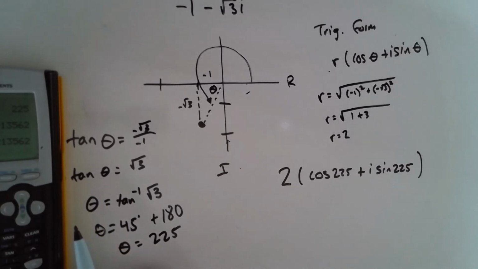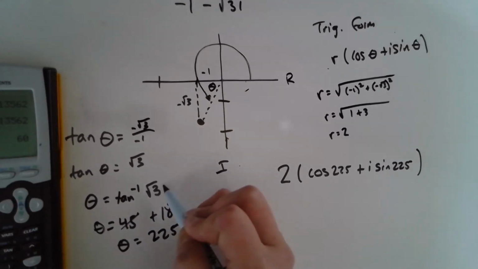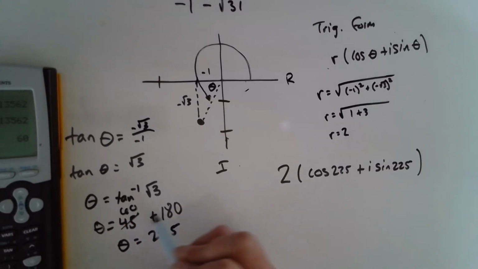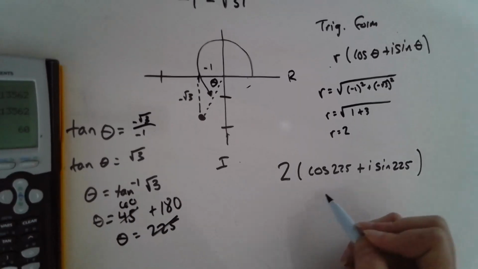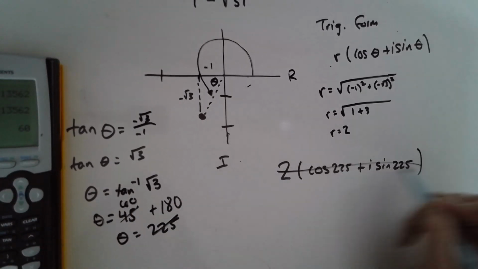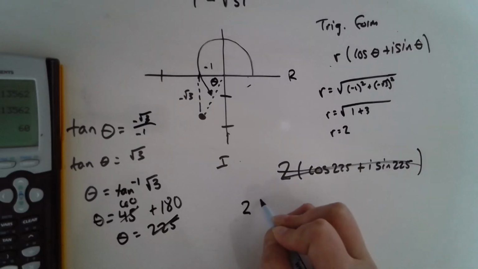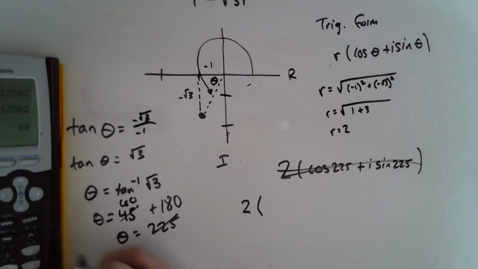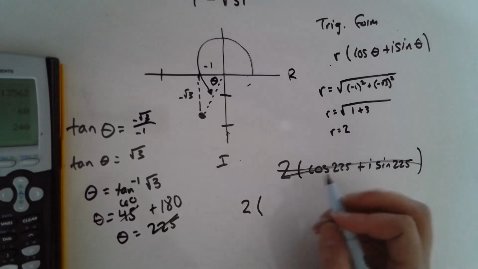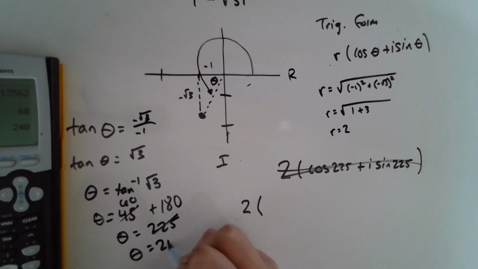I apparently do that. That should be 60. Okay, 60. I checked that and I wasn't getting the right answer. So, oops. 180 plus 60, on the other hand, is 240.